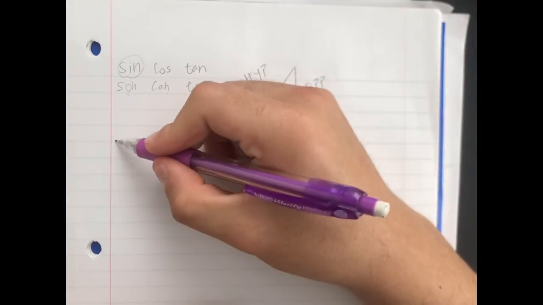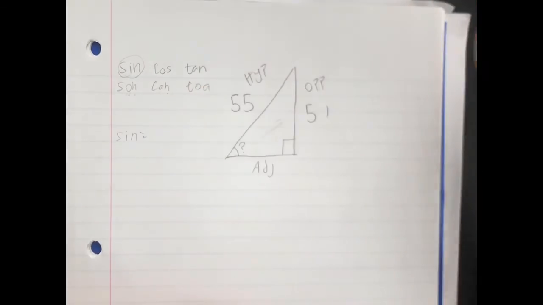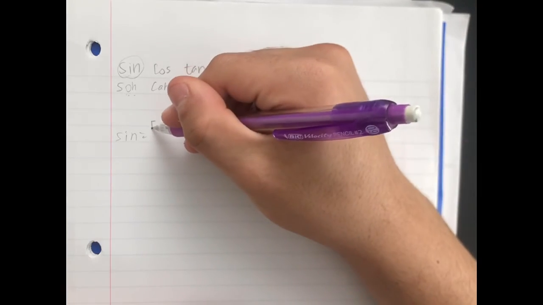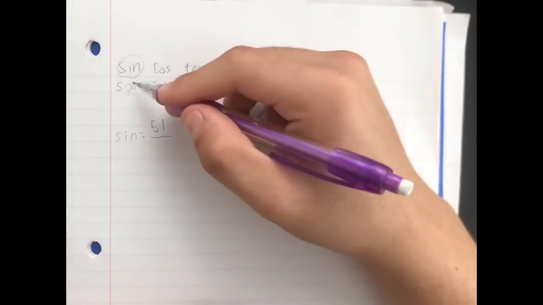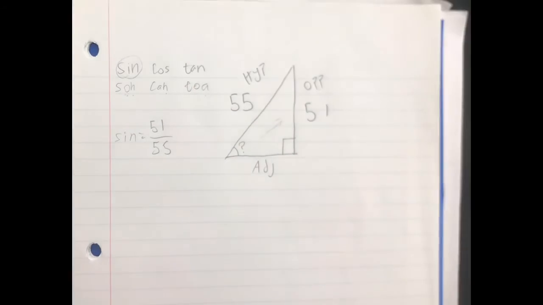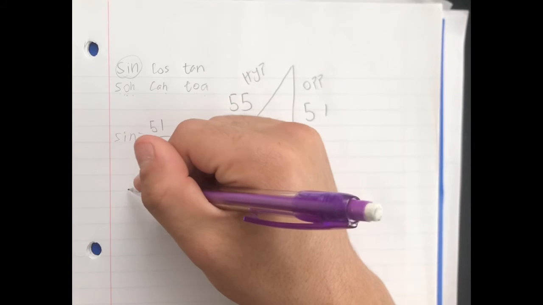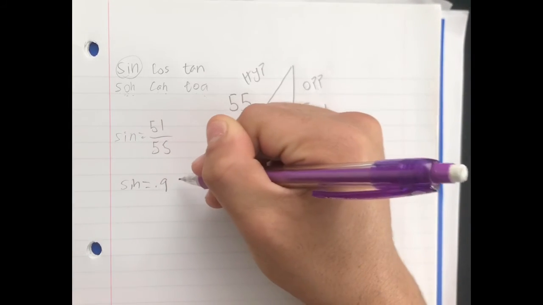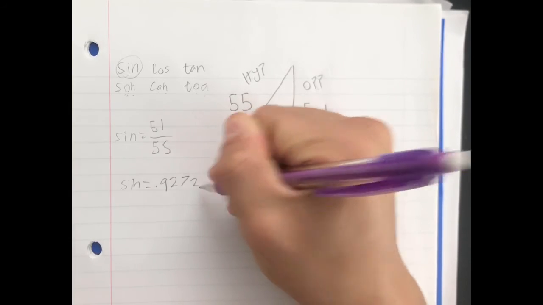So sine is equal to the opposite side, so that's 51 over the hypotenuse, which is 55. And I'm going to do that out, and I got the sine is 0.92732.